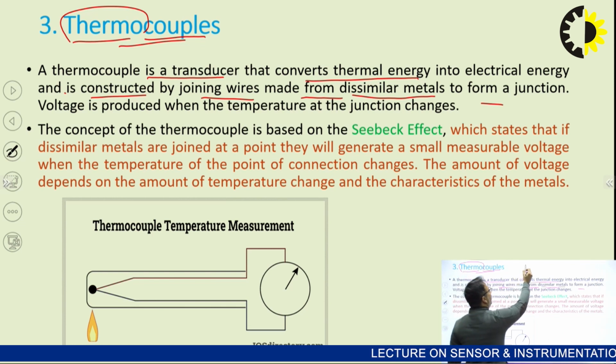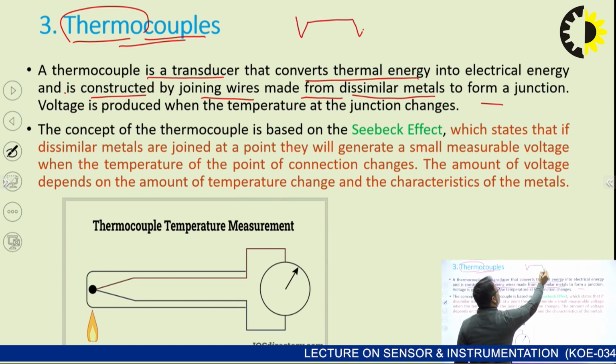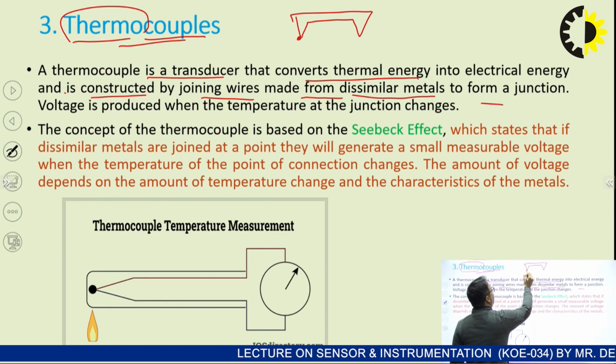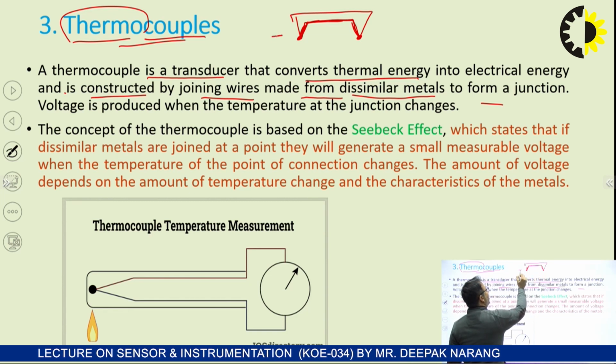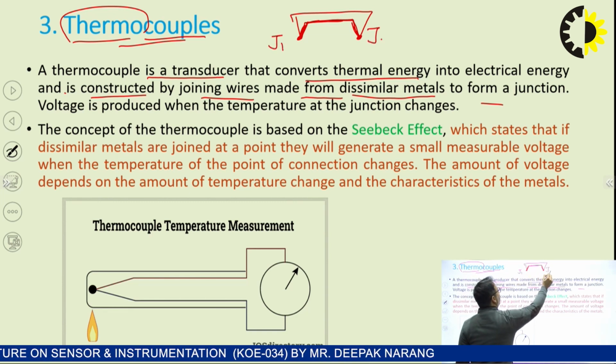So this is something like this: when two dissimilar metals are joined together, they form two junctions, junction 1 and junction 2.